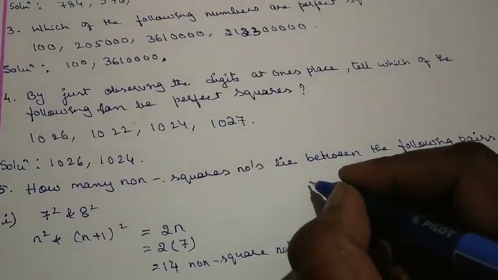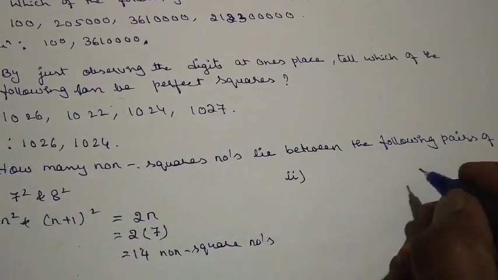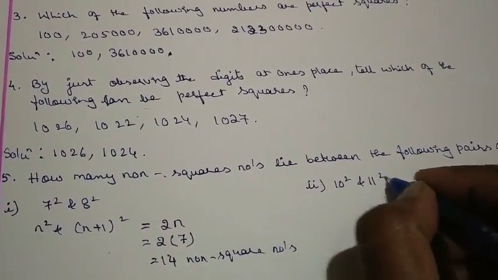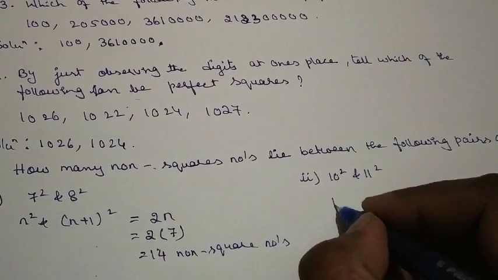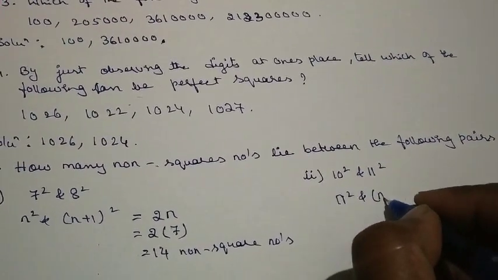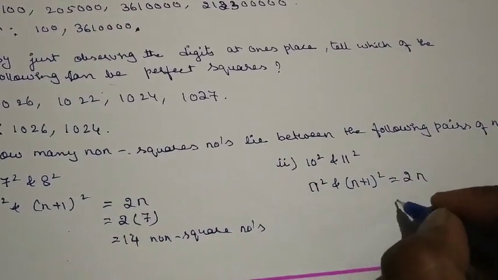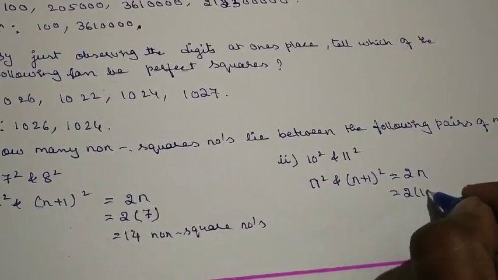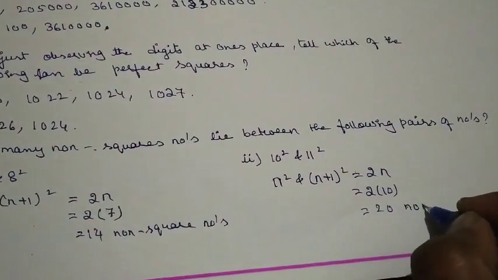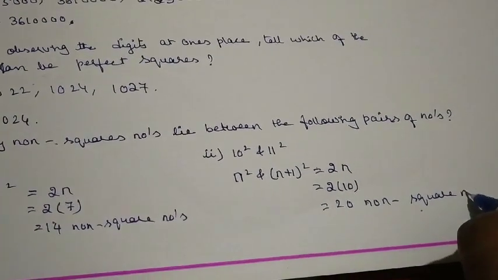Similarly we solve the second question, that is 10 square and 11 square. So between n square and n plus 1 whole square there are 2n, that is 2 into 10 equals 20 non-square numbers.